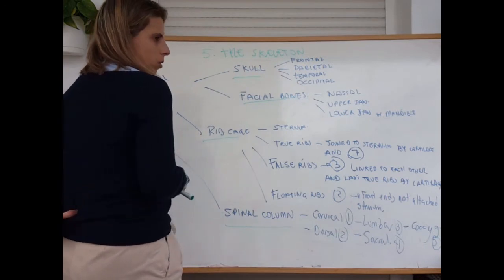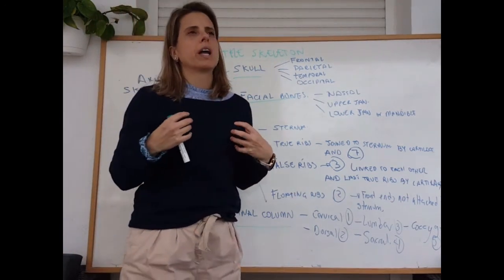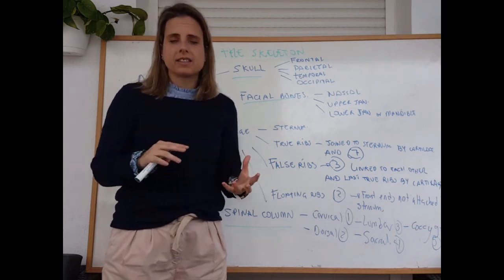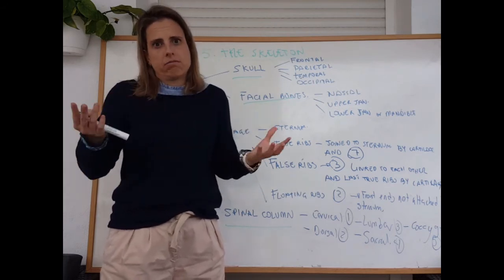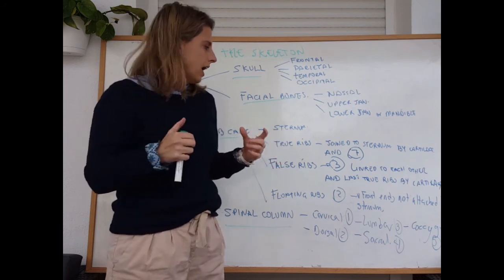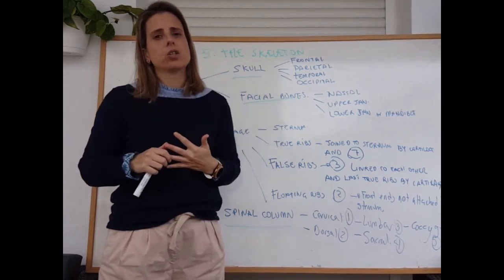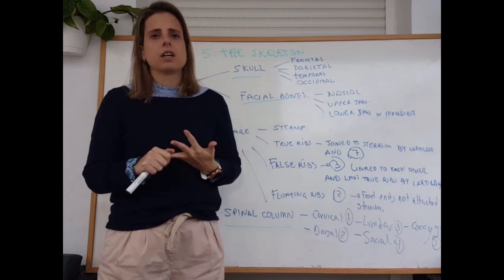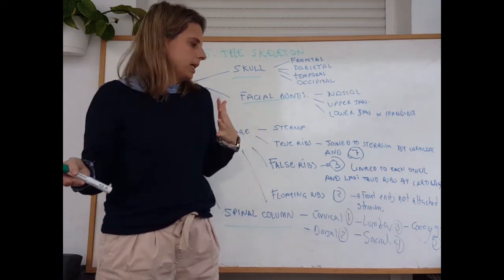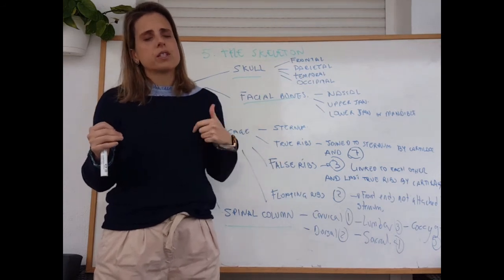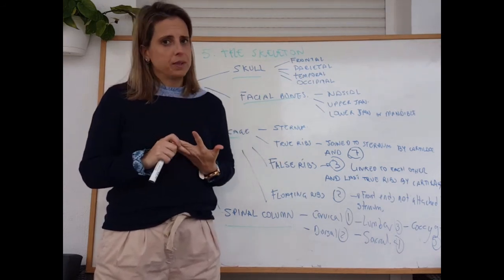Okay, all these bones are going to help movement. They are going to protect the spinal cord, which is their main function. And they are going to be special bones because muscles and tendons are going to be attached there. So two big functions: to protect the spinal cord and of course to enable movement.